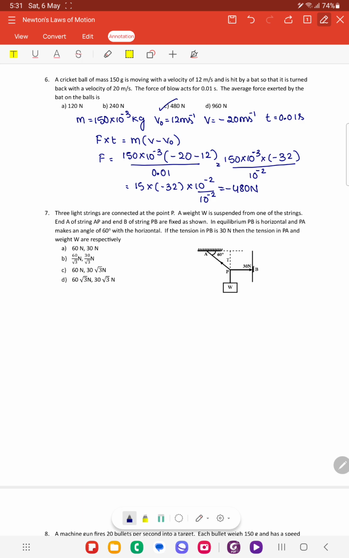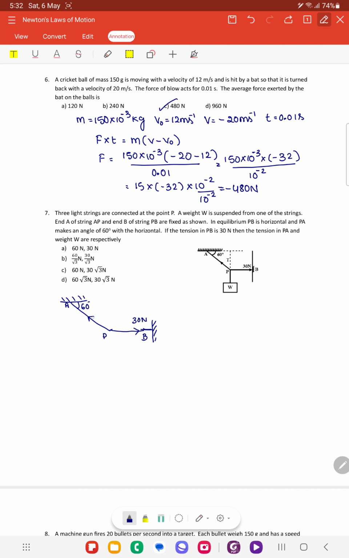Here we have two strings, AP and PB. If you consider the figure, the first string, AP, makes an angle of 60 degree with respect to the horizontal, and the second string is PB, and the tension acting here is 30 Newton.